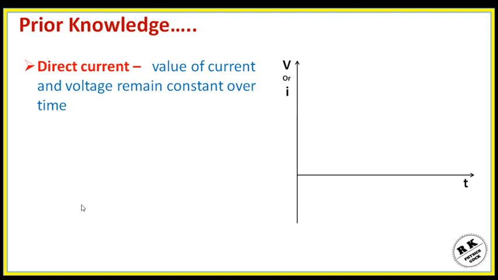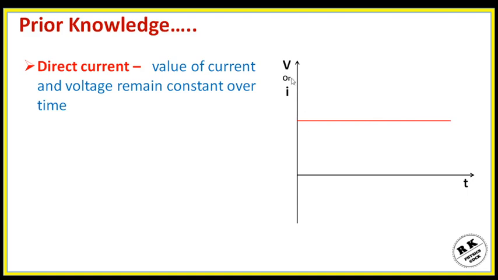From this animation, it can be observed that though the time is varying, the value of either voltage or current, which are taken on the y-axis, remains constant with time. Here time is varying, but the value of voltage or current remains the same.